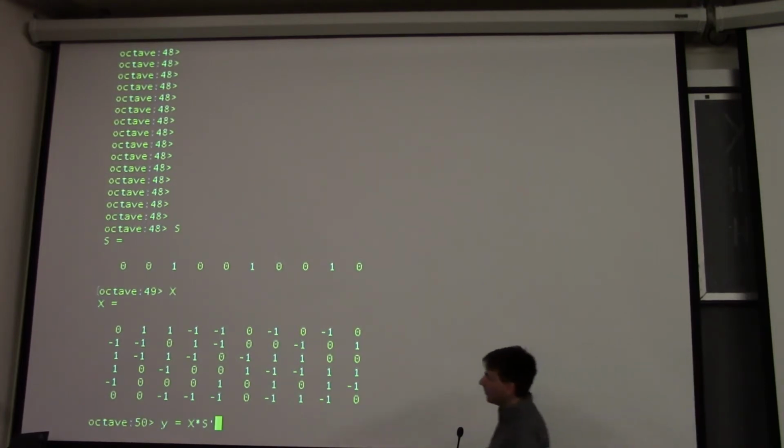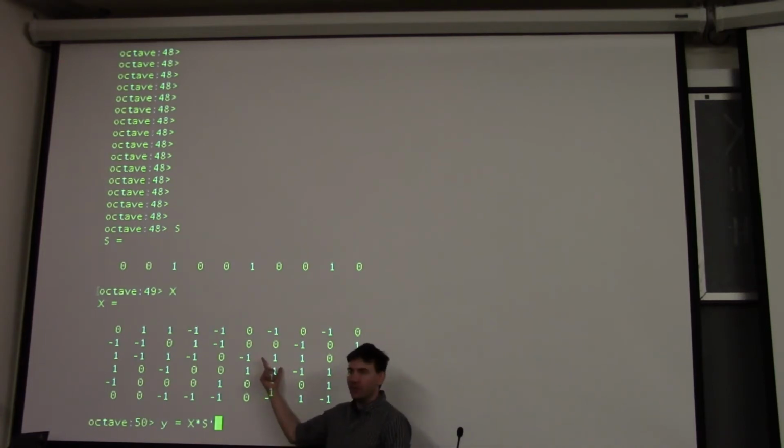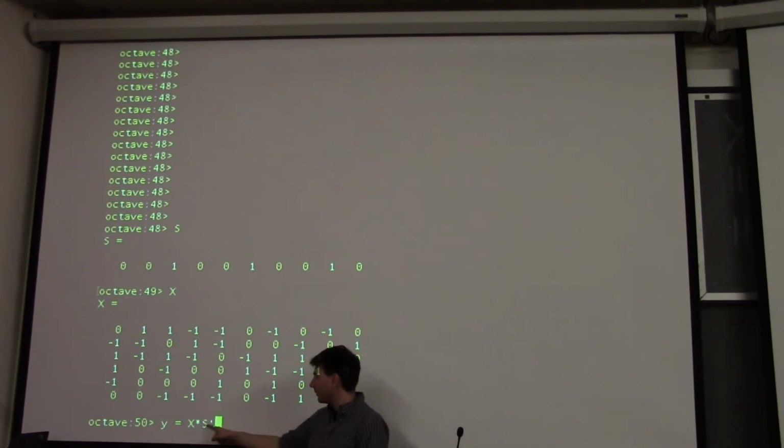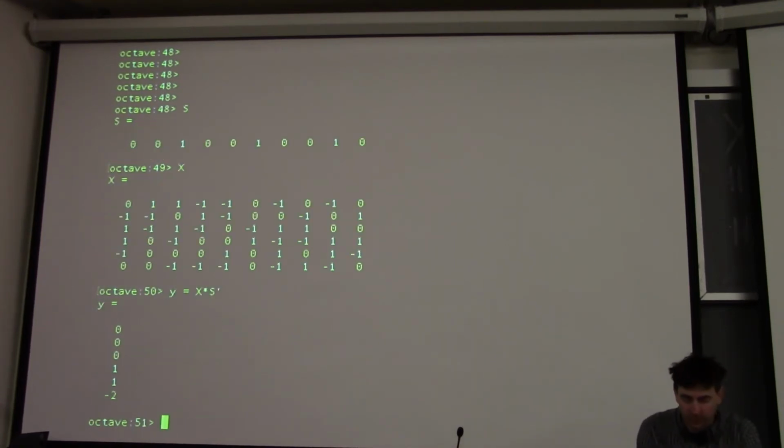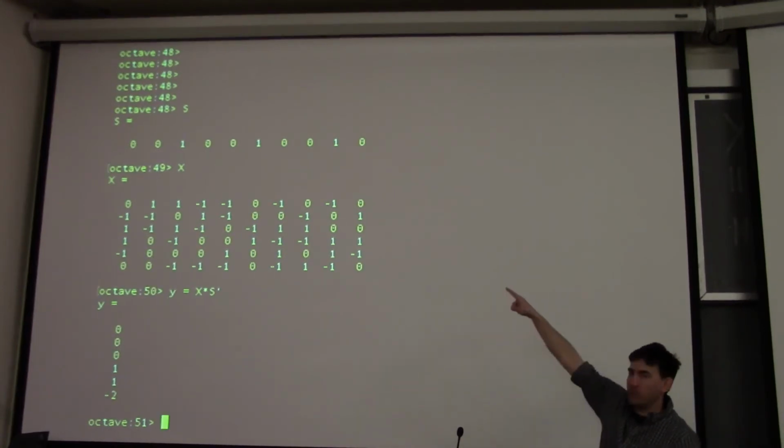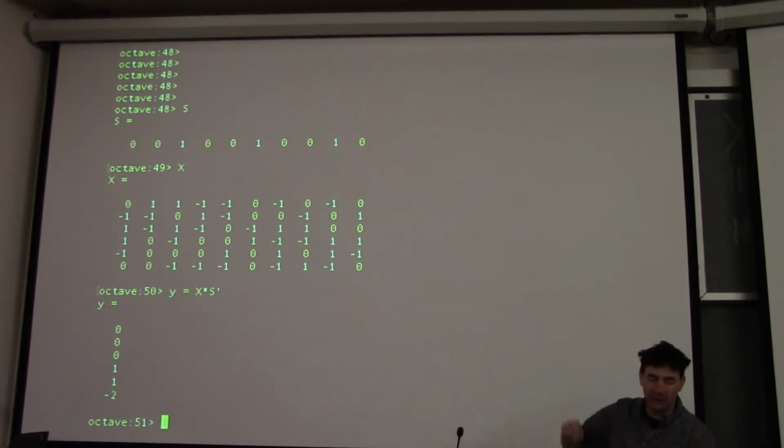If you haven't seen Matlab before, you can store a matrix natively and multiply it by S. The apostrophe does a transpose, otherwise you can write out transpose. So this is the output Y. All I get to see is X and Y, and I want to recover S exactly.